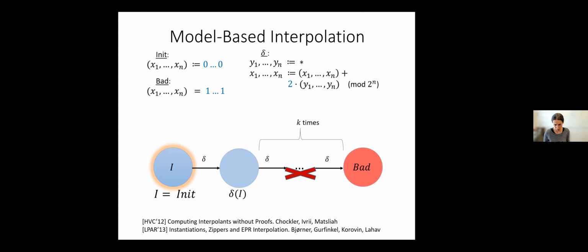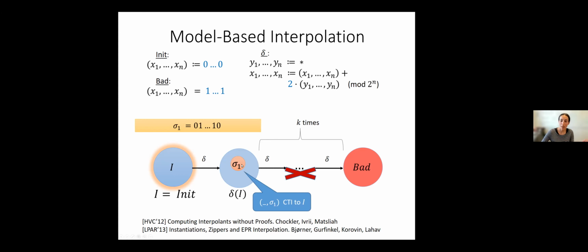So here, when we try to compute the interpolant, the generalization of the post image of I, this delta of I, then instead of trying to compute an interpolant for this set as a whole, we do it step by step. We sample some state from the post image of I. How can we find such a state?